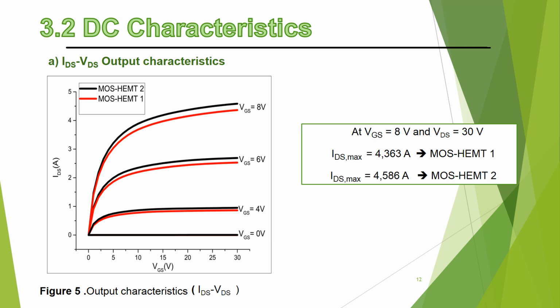Throughout these results, we can distinguish two zones: an ohmic zone, for which IDS is proportional to VDS, and the saturation zone, for which the IDS current is quasi-independent of the VDS voltage. From this figure, it is noted that the current density of MOSHEMT1 is higher than that of the MOSHEMT2 transistor, which demonstrates that this transistor is suitable for high power and high frequency applications.